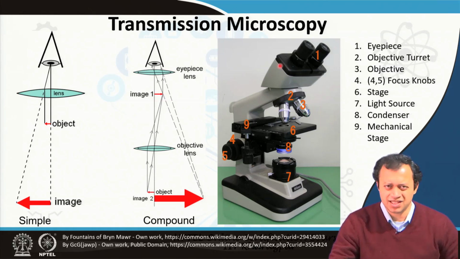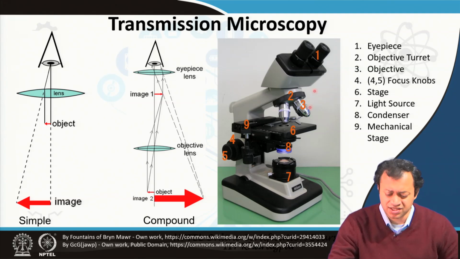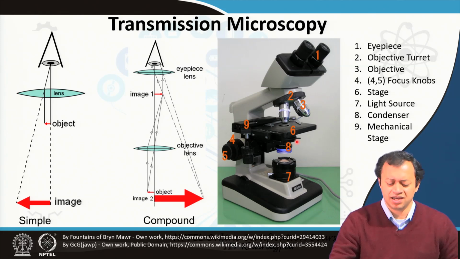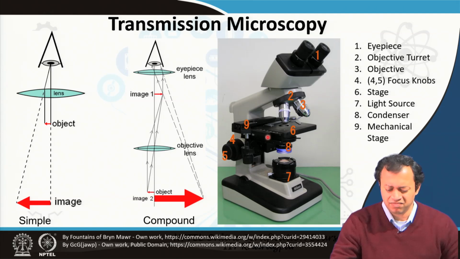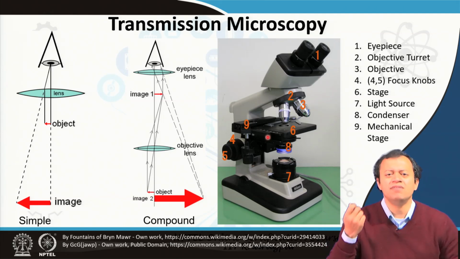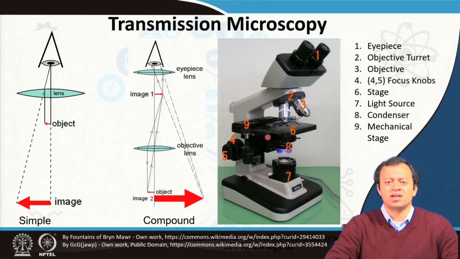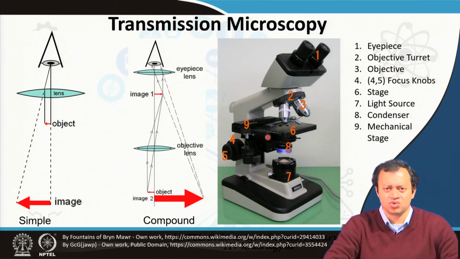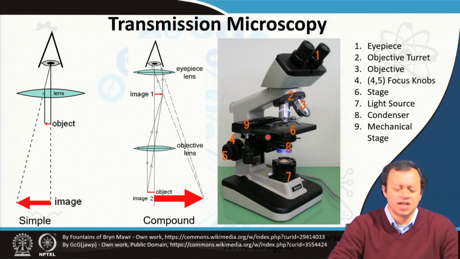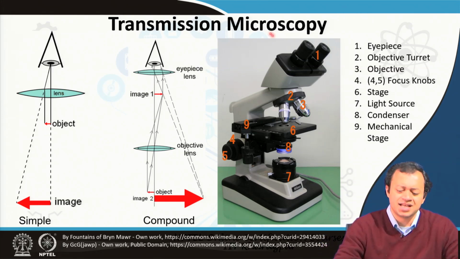All of you have seen this. I hope all of you have seen this, used this, know what this is. You should have. If not, just buy some from an online shop, because these days even your mobile phone cameras contain a microscope. They can be utilized as a microscope, or there is this USB microscope with lens and a software.